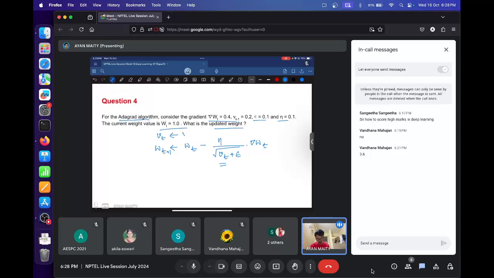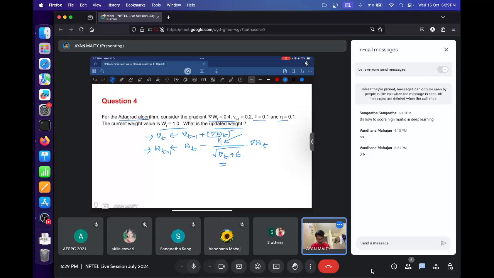So Vt is Vt minus 1 plus the gradient of Wt whole squared. Basically it accumulates the square of the gradient of W in every time step. So now we have all the values of this update rule.